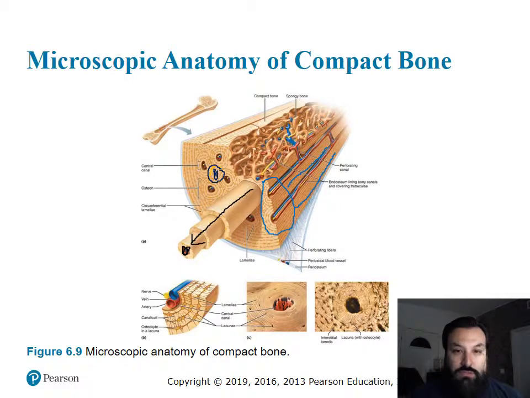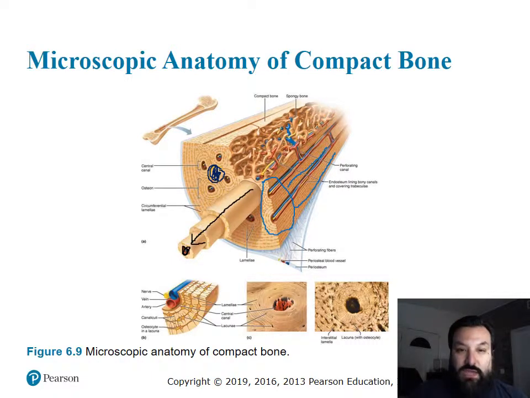Right here, you'll actually see right in between those four osteons is a space that we would fill up with laminae there, right? Interstitial laminae. It fills the gap between osteons.